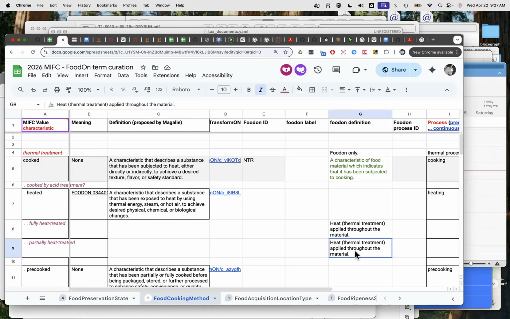But you can say that a meat, when you are cooking a meat, can be cooked outside and not inside. So that's the piece of meat we want the partially heat treated to apply to, but I guess we don't want to commit to exactly where the cooking is. Maybe somebody's cooked one half of a steak but not flipped it over or something.